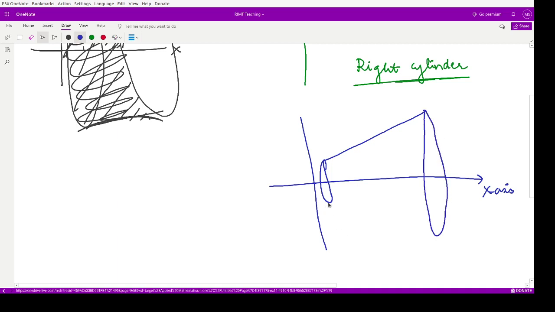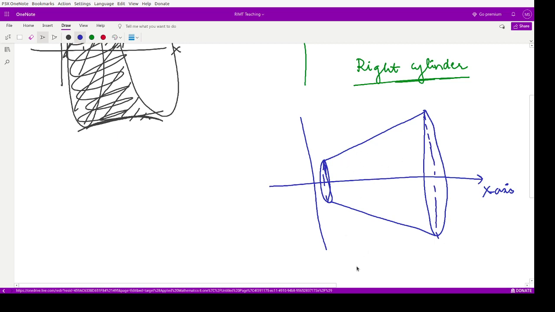My drawing is not so good here, right? So what is this structure?